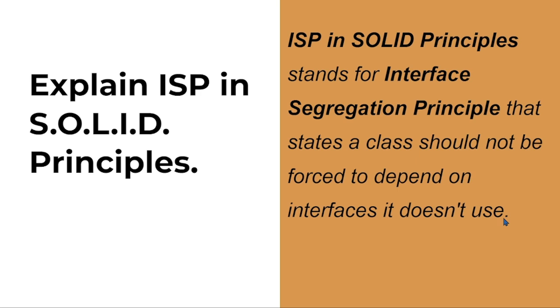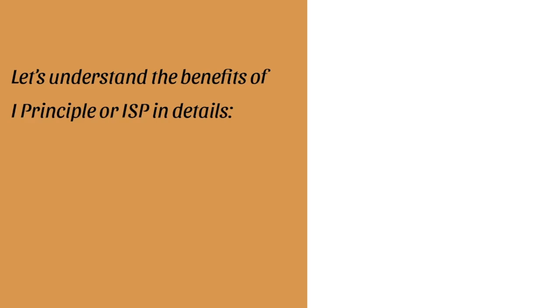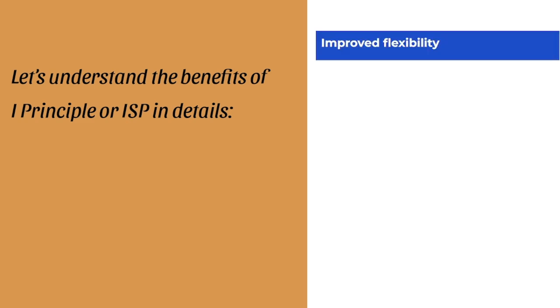There are benefits related to the ISP principle when we implement it, and that's why we go for it. The first benefit is improved flexibility, which means the classes are now dependent only on the interfaces that they truly need. They need not implement all the functions.